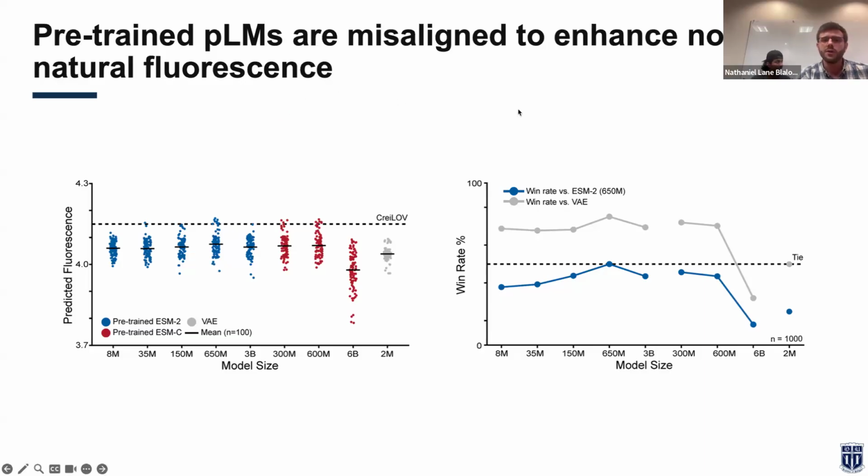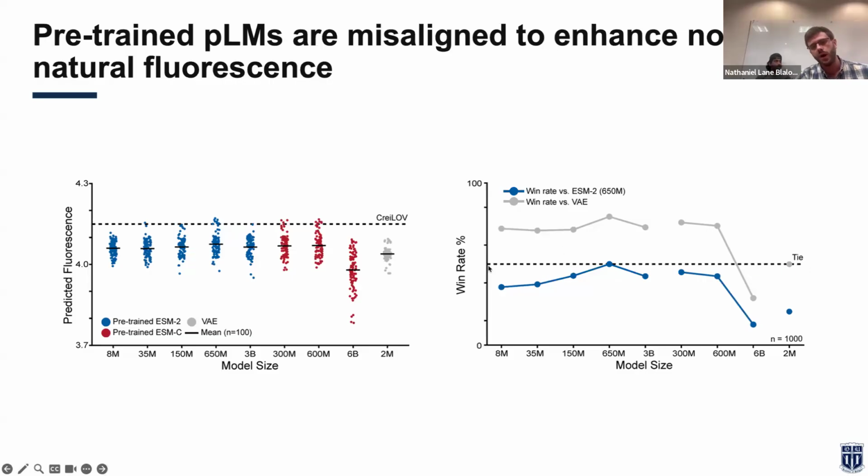And then when you look at this win rate plot, really interesting, we saw that model size also did not scale with win rate percent. So when you look at the ESM2 models, it did increase up to 650 million, but then dropped quite a bit with a 3 billion parameter ESM2 model. We're still not sure why this is happening, but for ESMC, we actually saw that as model size increased, you saw pretty dramatic drops in win rate percent.